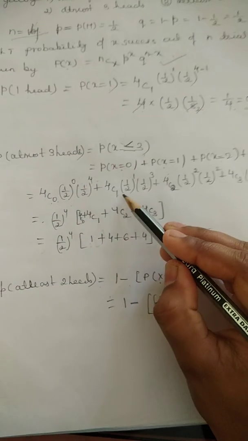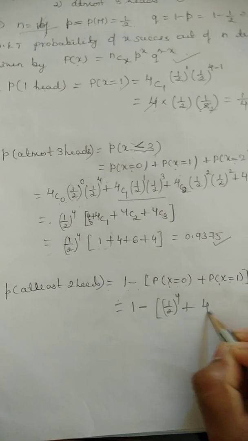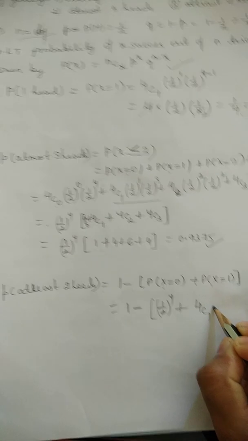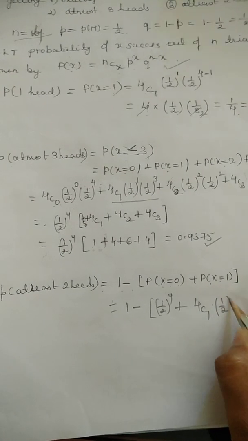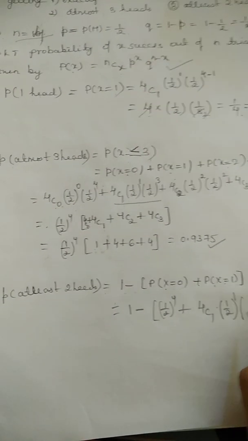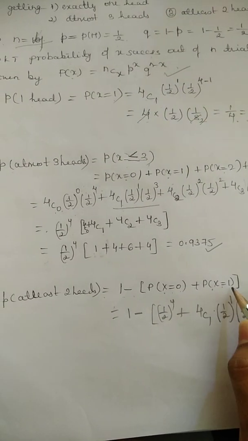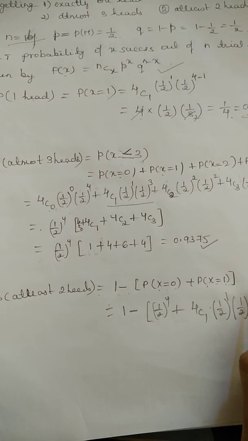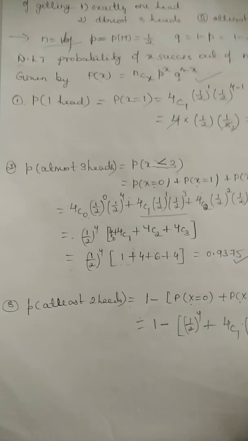X equal to 1, you can substitute: 4C1, then p is 1 by 2 whole raised to 1, then 1 by 2 whole raised to n minus x. N minus x means 4 minus 1, that is equal to 3. You can simplify now.